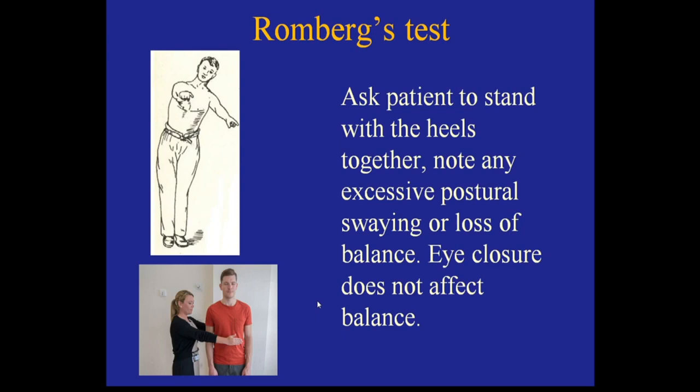Note any excessive postural swaying or loss of balance. In this position, or in this position, hands down or outstretched. Both positions we can use in our clinical practice. You see, swaying ipsilateral to the side of pathology in case of unilateral damage of cerebellum.